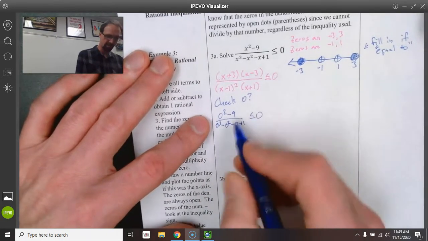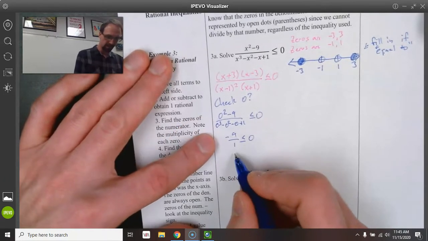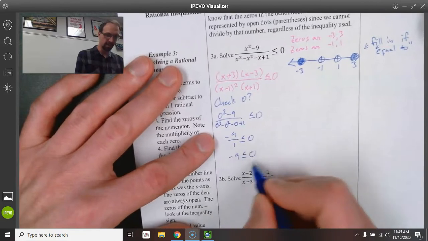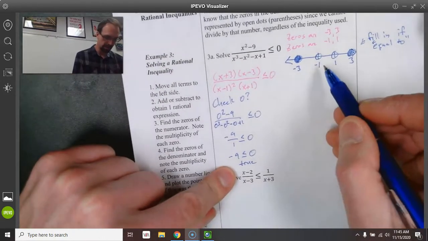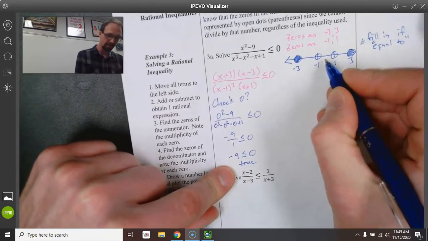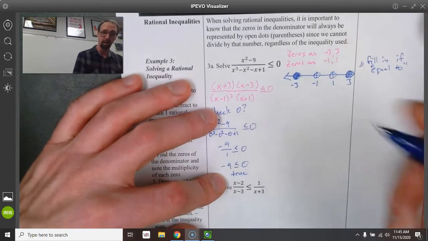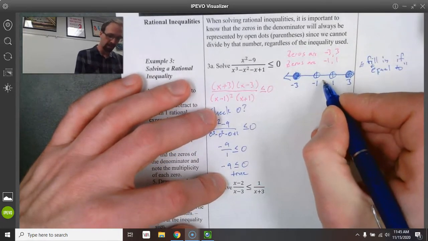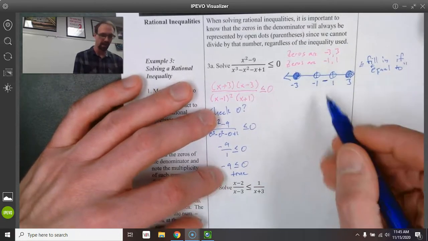You notice everything cancels out except that -9 over 1. -9 over 1 is -9. That is true. So because it is true, I know that this part here, 0, which is between these, is going to be below the x-axis. So these are going to be negative.